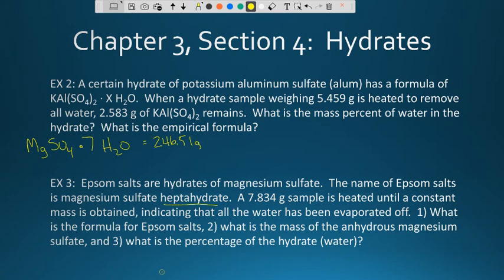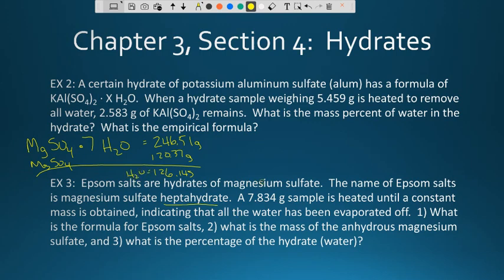Okay, if I take a look at 7 of the waters, well, 7 times the 18, that leaves me with my magnesium sulfate just being 120.37 grams. Okay, that tells me that I had 126.14 grams of just the water. Okay, now the question is, how did I get all that?